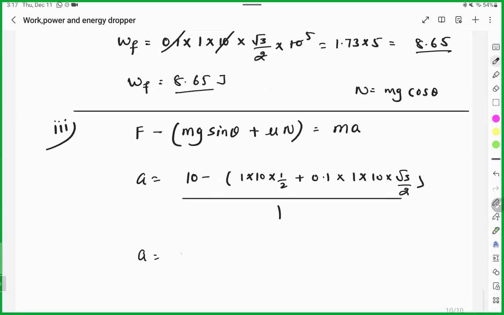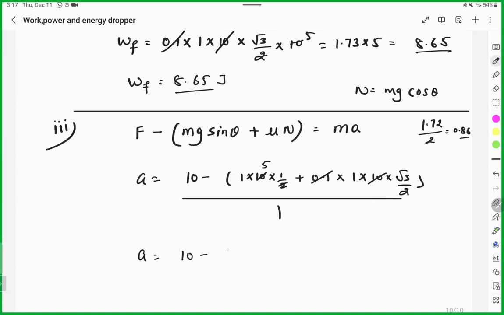So what will be the value? 10 minus 5. See Saniya, if we see the situation here, 10 minus 5, definitely it will be less than 5, correct? Yes, sir. So 0.1 cancels out, 1.73. You can take it as 1.72, it will be easy to divide. It will be 0.86.